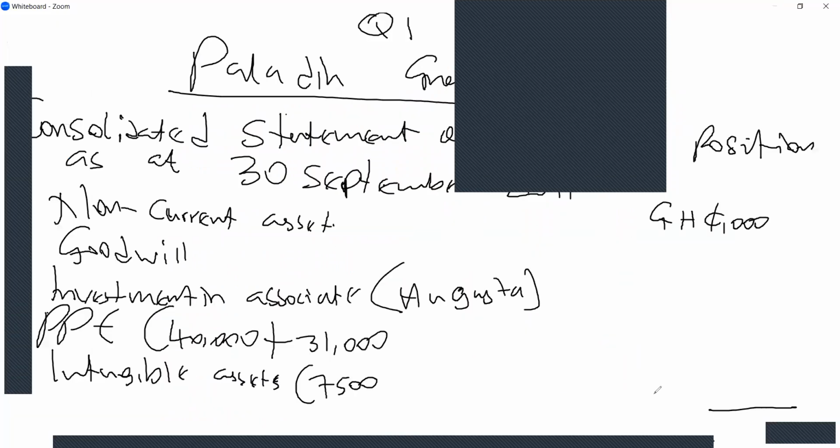And likewise, right here, current assets. They started from inventory, so you must also start from there.